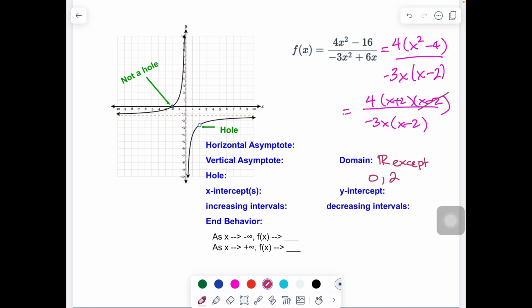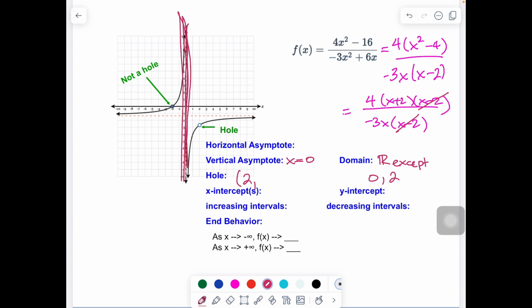We can cancel out that x minus 2, which means that's a hole. If it doesn't cancel out, like this -3x is still there, that's where we got our 0 from. That means we're going to have a vertical asymptote at x equals 0. So that's what this asymptote is here.